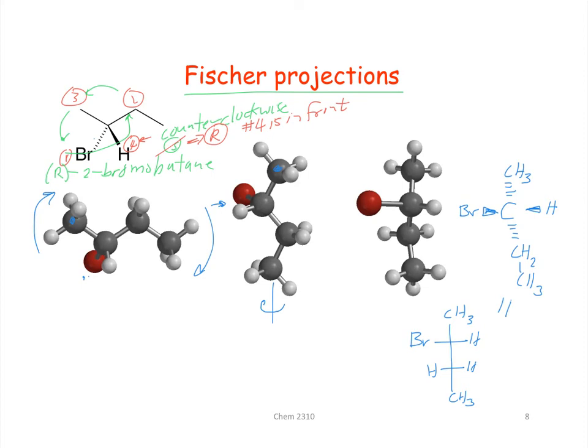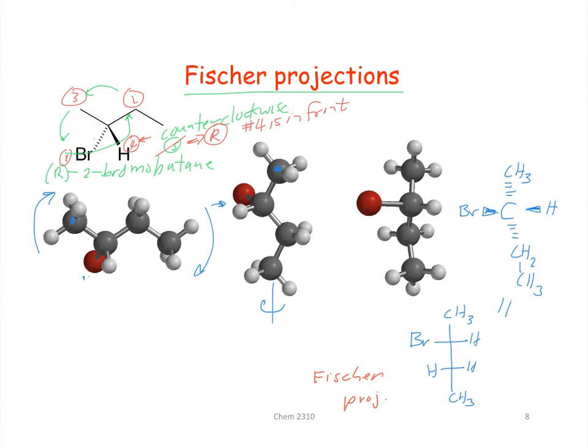So this would be a Fischer projection. The reason I don't really like it is because it doesn't represent what the structure looks like at all, right? And it's just an awkward position when we don't put any of the bonds within the plane of the paper. They're all either coming out or going back.